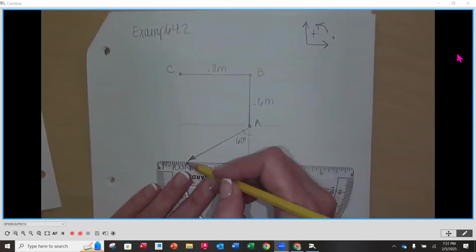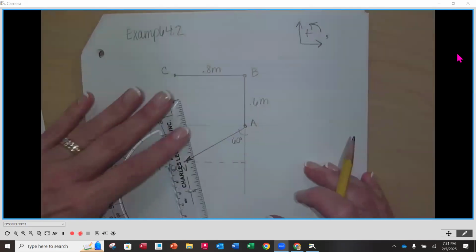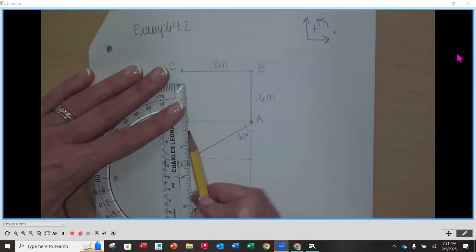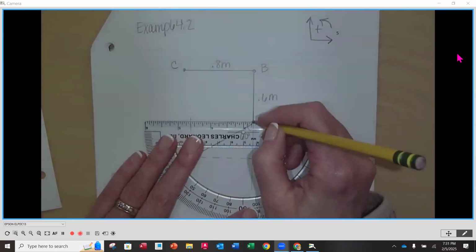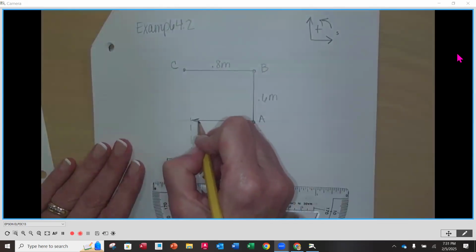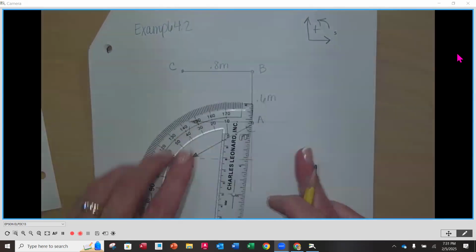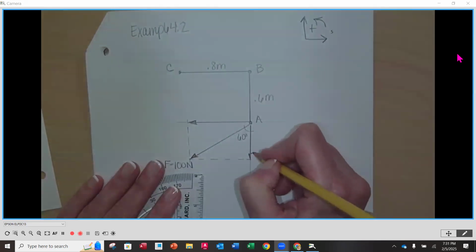So let's draw them first. Okay. And then draw this going up. And we're going to put each one of those components along the x-axis, along the y-axis. Okay.